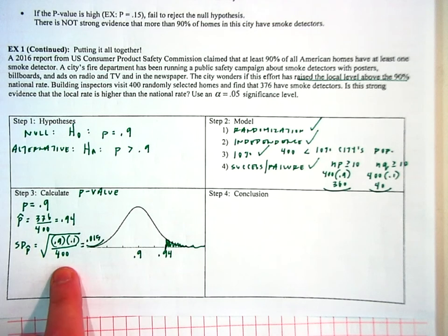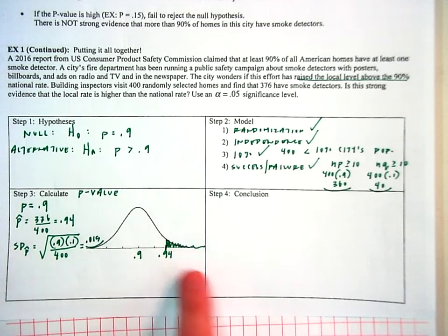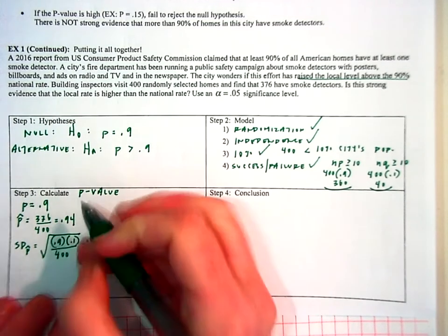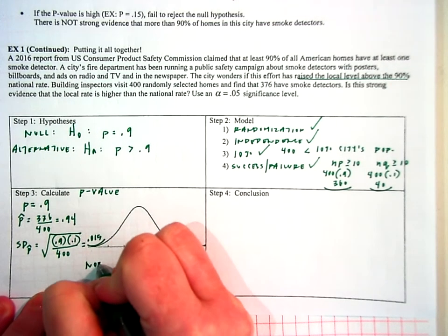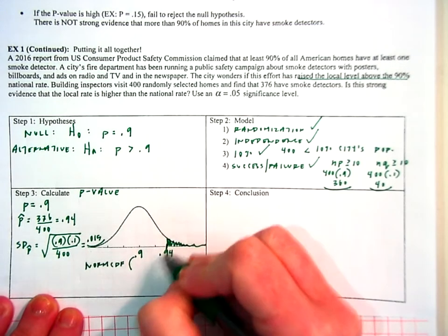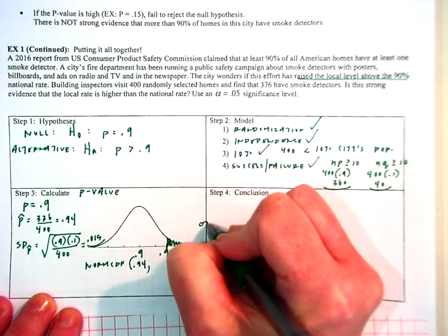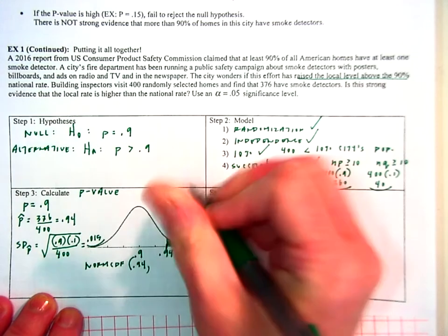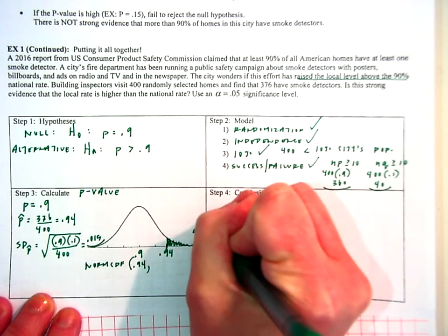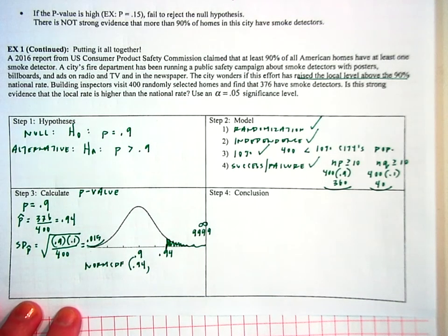So now when I'm trying to solve for this probability value, I go back to my normal CDF, my lower boundary, 0.94, my upper boundary, well, that's my infinity, so I need a placeholder, something that is really big, so I usually use 9,999. Even if I use 99, it would be fine. The idea is a placeholder for infinity.